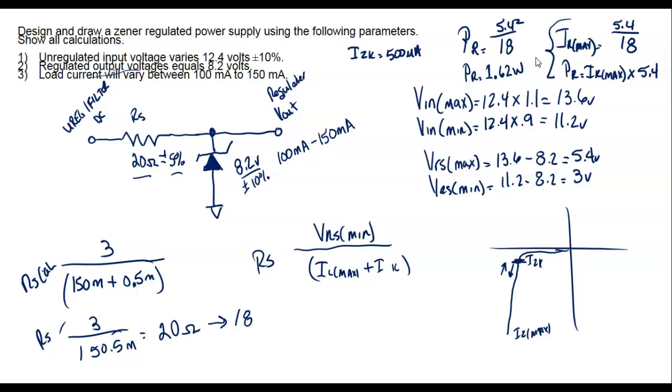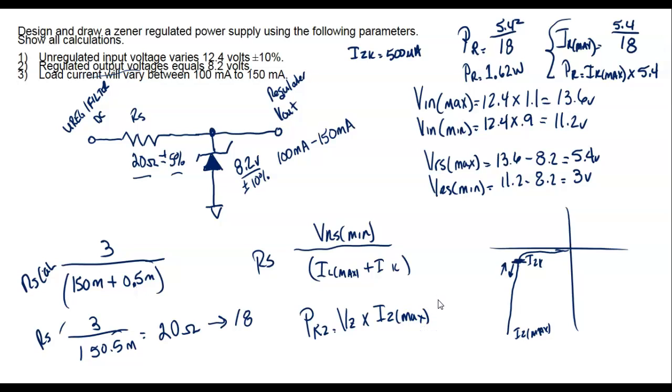Okay, what's the power dissipated by the Zener? What's the maximum power dissipated by the Zener? So here we will use this formula right here. PZ, we're going to use VZ times IZ maximum.